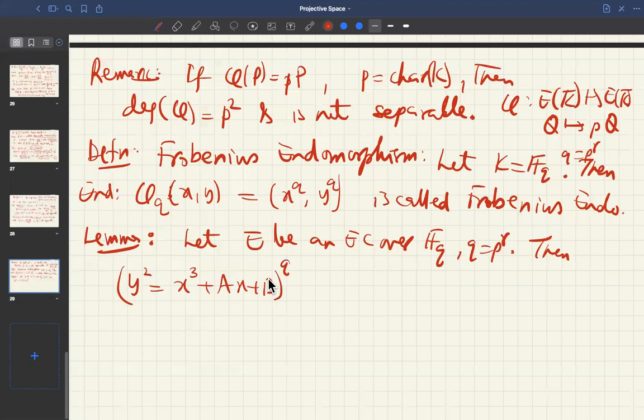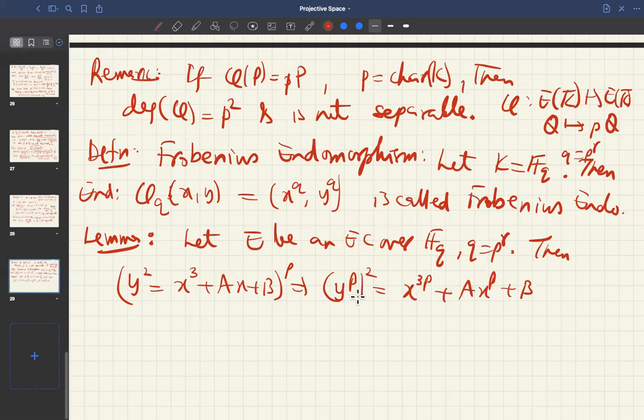So what you do is take the first p-th power, which gives y^p whole squared equals x^(3p) plus a x^p plus b.